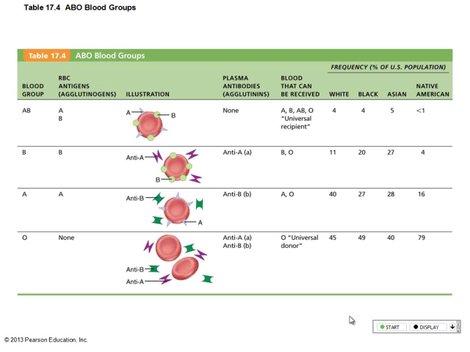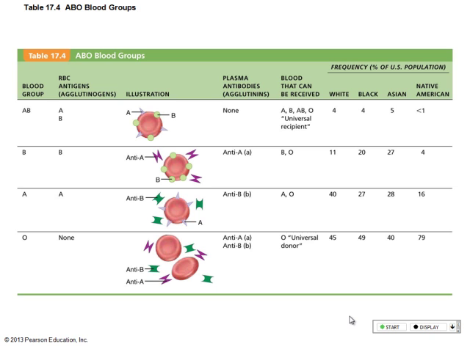So, for example, if I'm type B, which antigen don't I have? I don't have A. My body will make something we call naturally occurring antibodies against the antigen I don't have. So in this same diagram, we also see these little purple triangles.